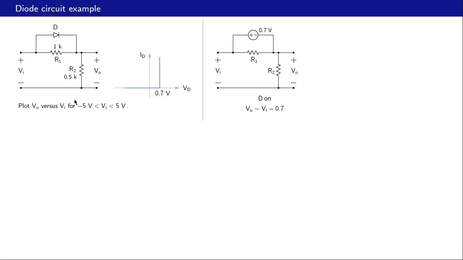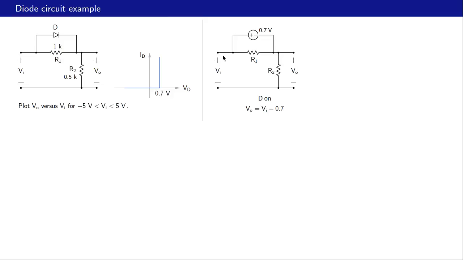To begin with, let us consider this circuit with the diode D conducting. And in that case, we can replace the diode with a battery, 0.7 volts, as shown over here. And now let us write KVL equation for this loop here. What do we get? We go from here to there.